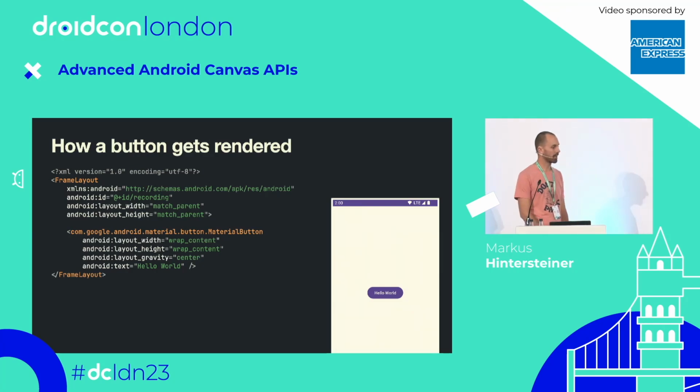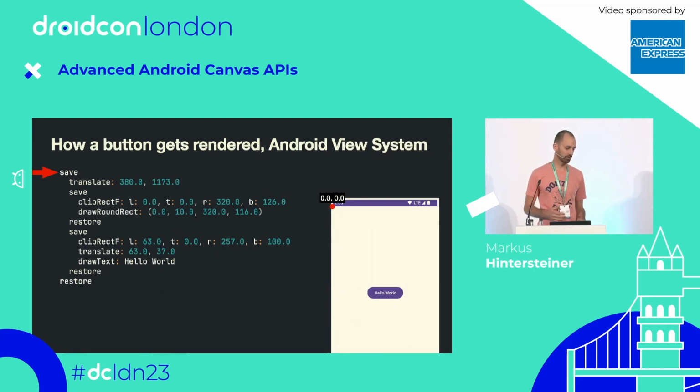Now we want to have a look at how those canvas operations are being performed out in the wild. So I came up with this crazy example of a button centered in a frame layout. And we can have a look by using our canvas recorder to see what's going on under the hood. So here I'm just plotting the output of my canvas recorder as some text, and let's go over it step by step. It all starts out with a save command followed by a translate.